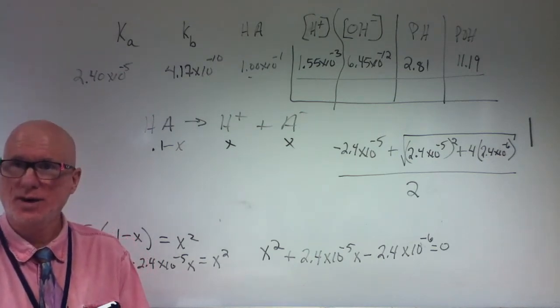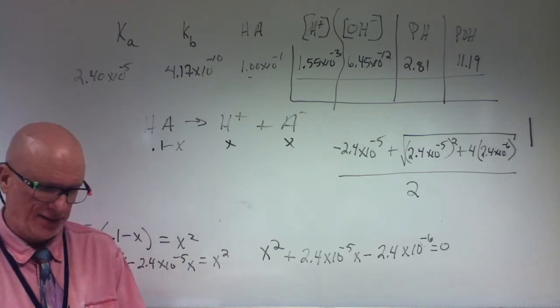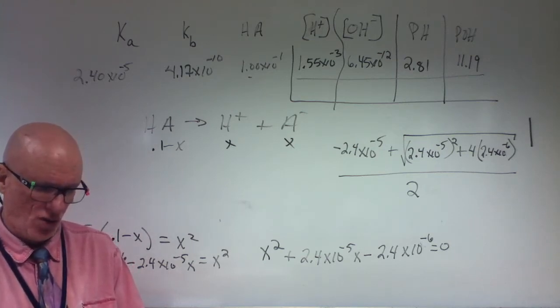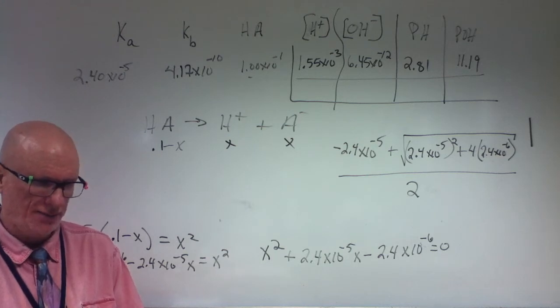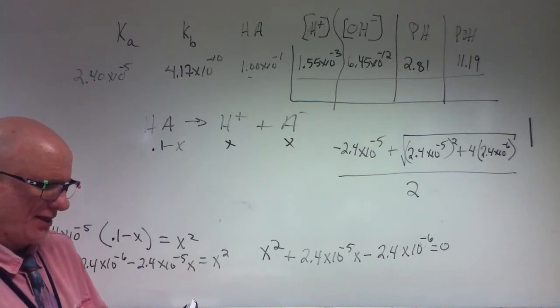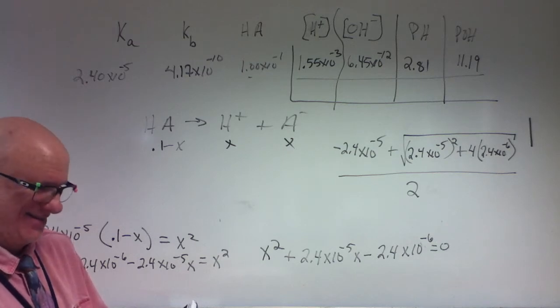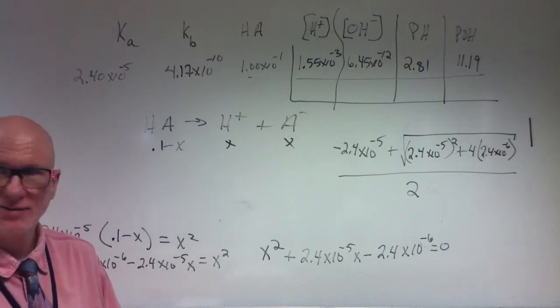And then plus 4 times 2.4 times 10 to the negative 6. I got it. All right, I've got the numerator.